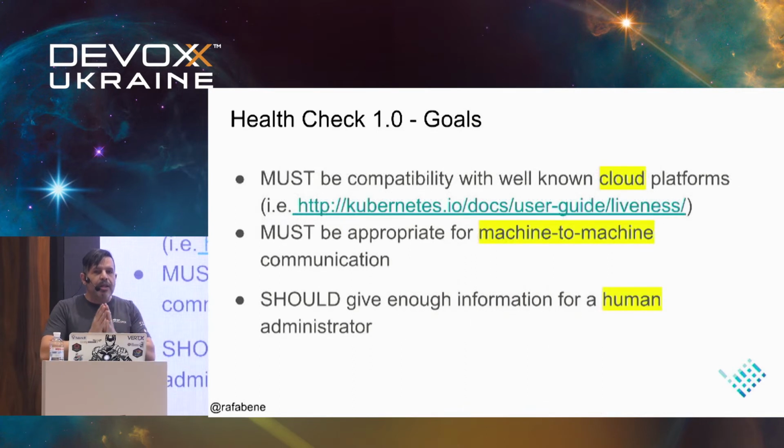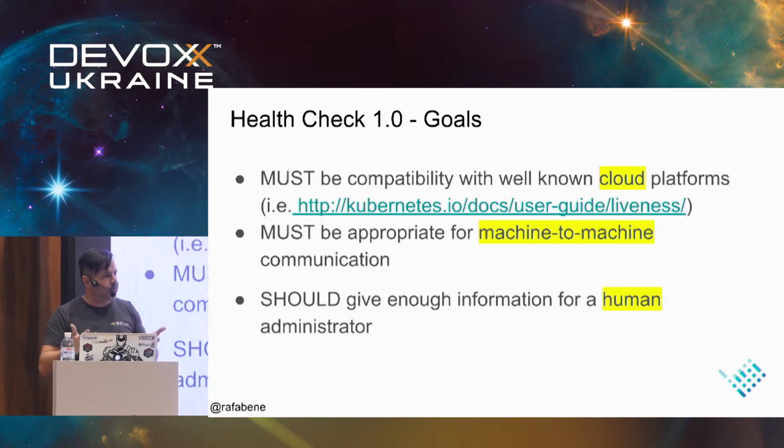So the goal of health check is to create a compatibility with the most well-known cloud platforms. It's appropriate for machine-to-machine communication. But, of course, it should provide a way for us, humans, to open the page and see, is my application healthy? It's not for us, but it should be understandable.